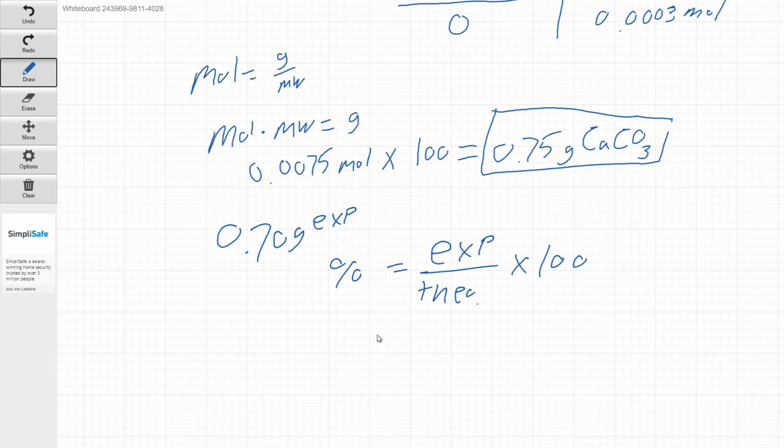So to do our percent yield, it's going to equal 0.70 divided by 0.75 all times 100. And if we do the math on that, that is going to equal 93.3 on to infinity percent. So pretty good percent yield.